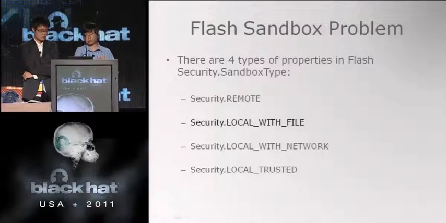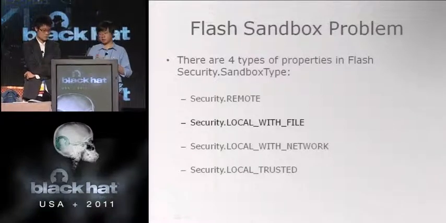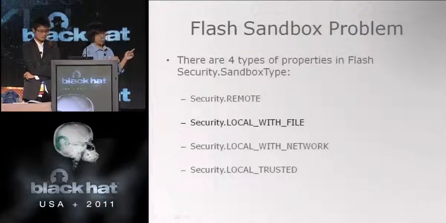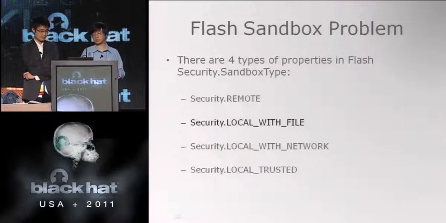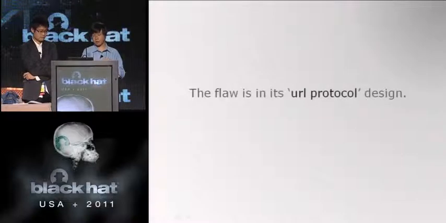In our example, we are using local files, so the setting would be security.local with file. It allows access to local files and does not allow network connection. The flaw is in its URL protocol design.